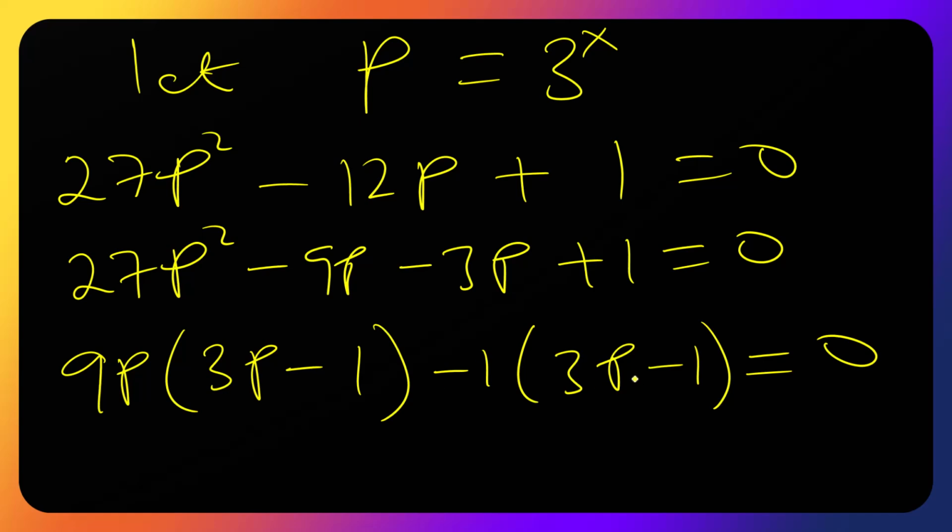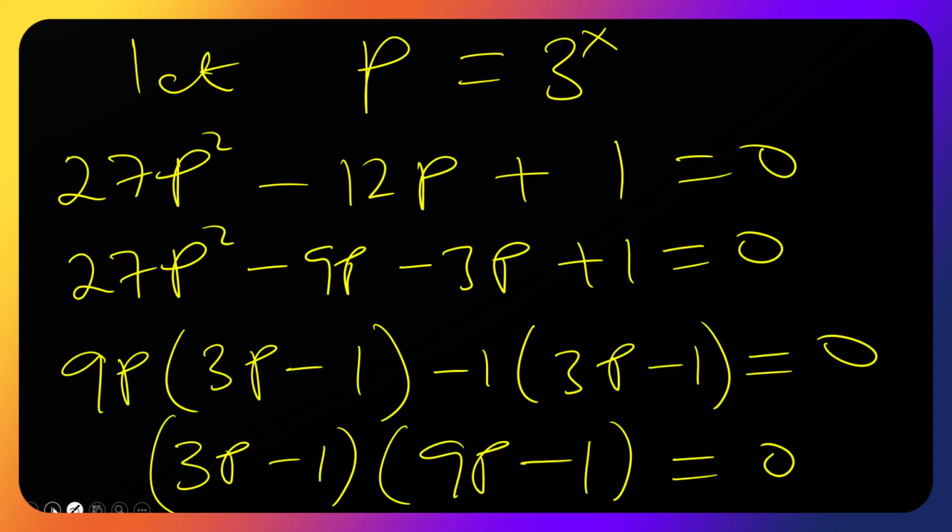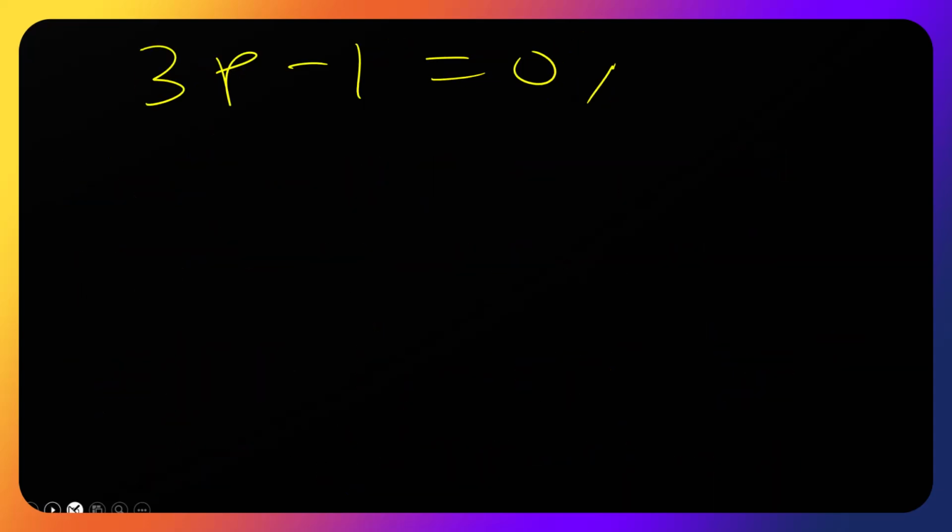So minus 3p plus 1. This time 27p squared, this time that minus 9p. So we have what is in the bracket, 3p minus 1 and 9p minus 1 equal to 0. So with the zero product, 3p minus 1 equal to 0, and 9p minus 1 equal to 0.